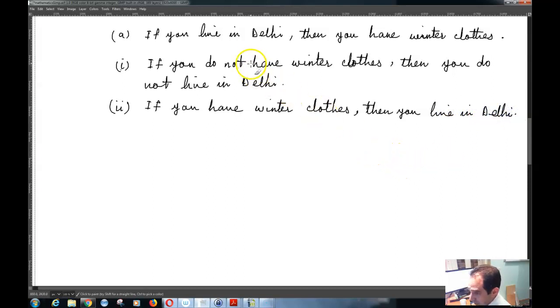Okay, so the main statement that we have is, if you live in Delhi, then you have winter clothes.